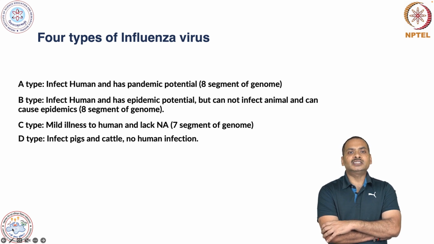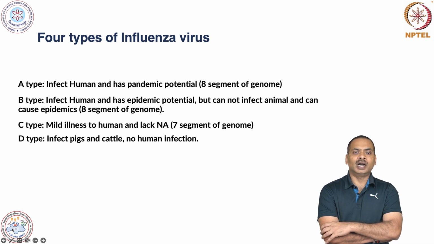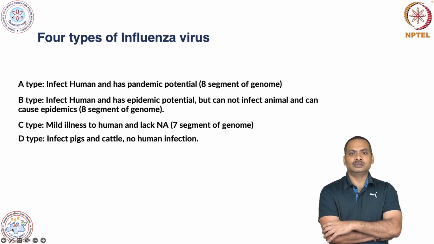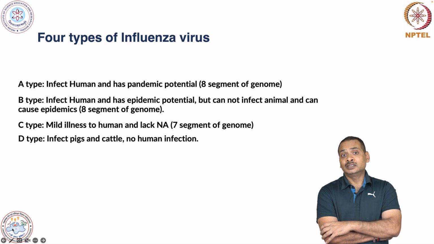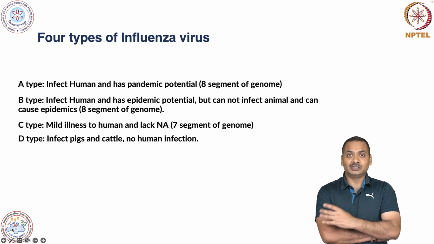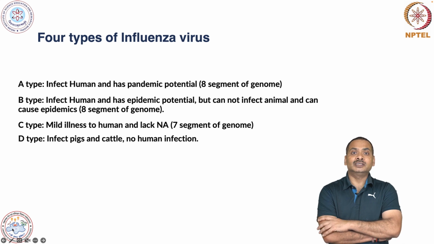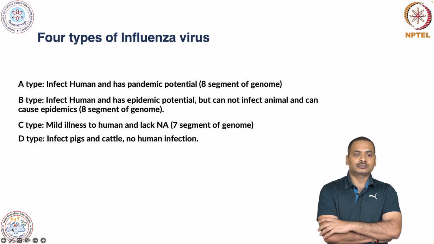Another is C type. C type basically causes mild illness in humans and lacks the neuraminidase enzyme, NA. Because it lacks NA, it has only 7 genomic segments.